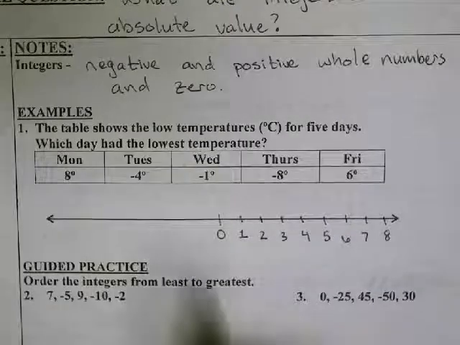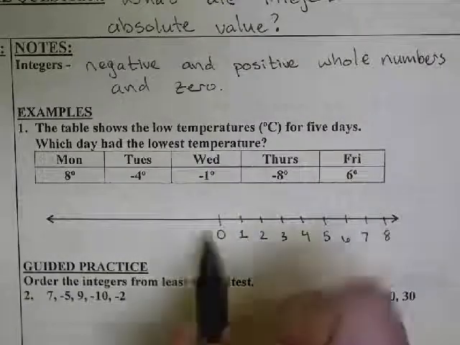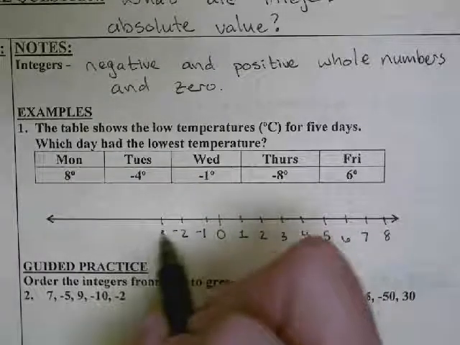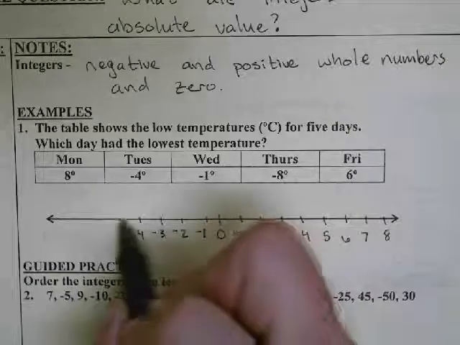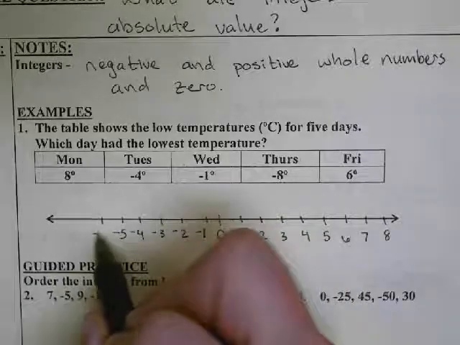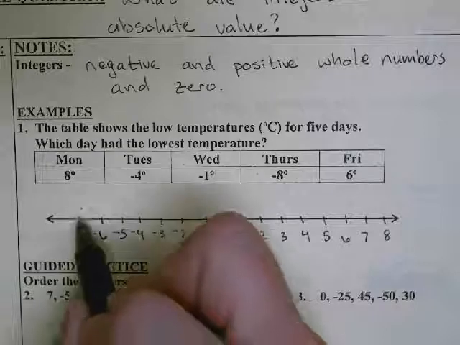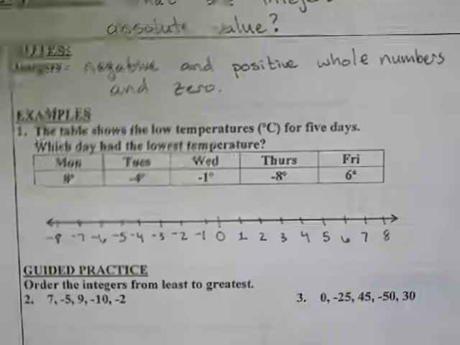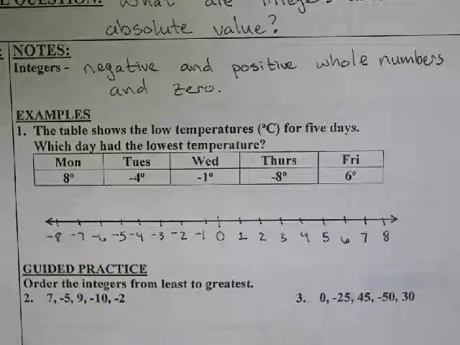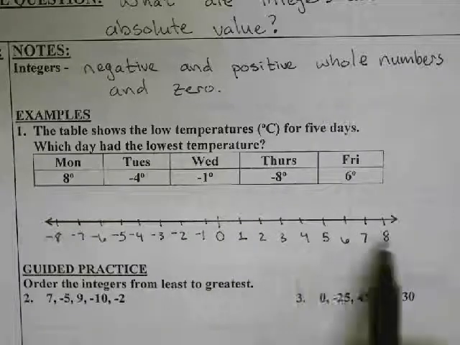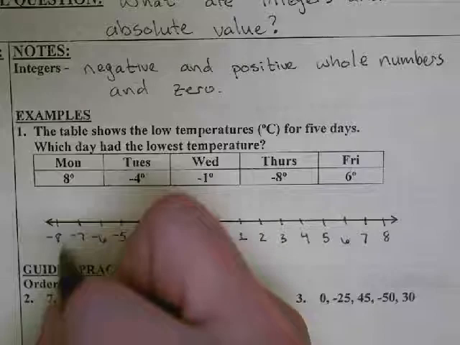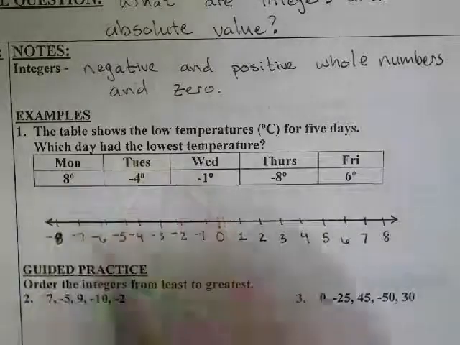And then when I'm going to the left, I'll use my negative numbers: negative 1, negative 2, negative 3, negative 4, negative 5, negative 6, negative 7, and negative 8. So our positive numbers go to the right of the 0, and our negative numbers go to the left of the 0. This is an 8.